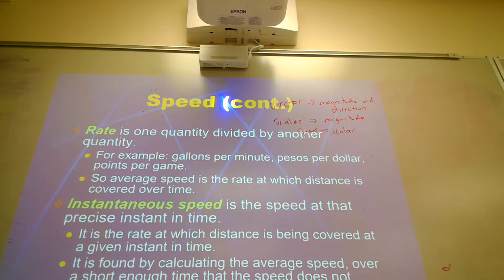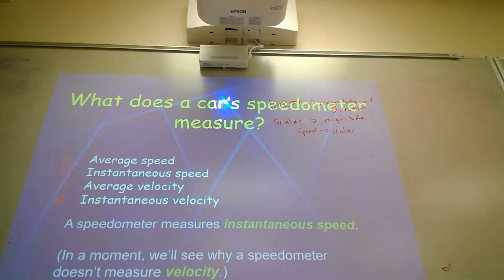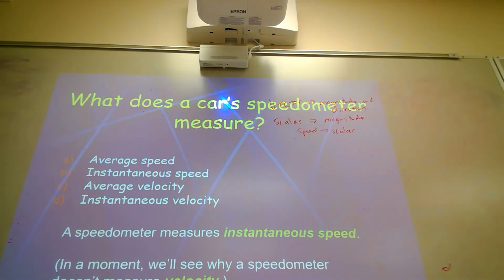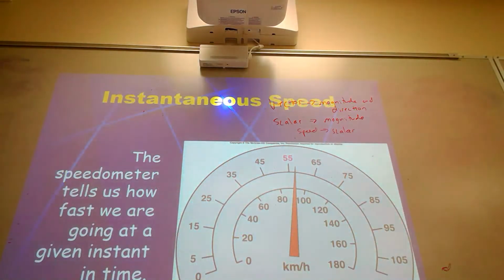What'd you say? Right. What we want to know for the speedometer is instantaneous. A speedometer measures instantaneous speed. They haven't yet defined velocity, so you couldn't say much about that. The speedometer tells us how fast we are going at a given instant in time.